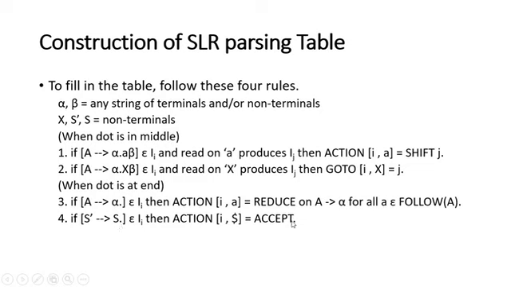So in that way we can always calculate it. And if it is a reduce action, then we have to calculate the follow of A. You see the grammar, if T derives T into F, then we have to find the follow of T. If F derives bracket ID, then we have to find the follow of F, and so on. So that's the meaning of this.